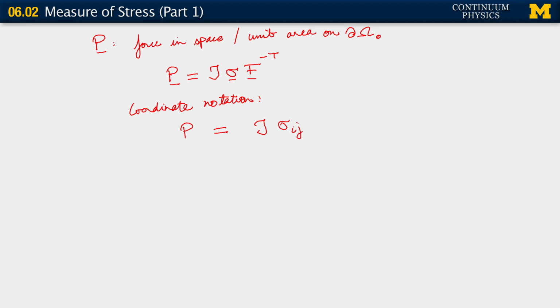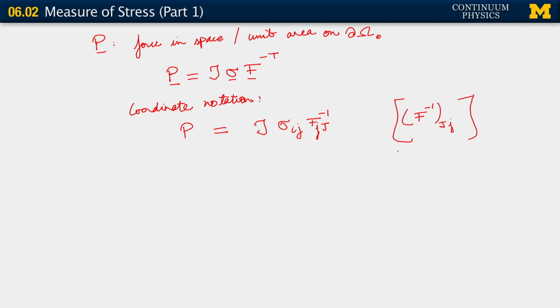Now, F inverse has indices Jj, but the indices of F inverse transpose are the transpose of this, so we flip the indices.